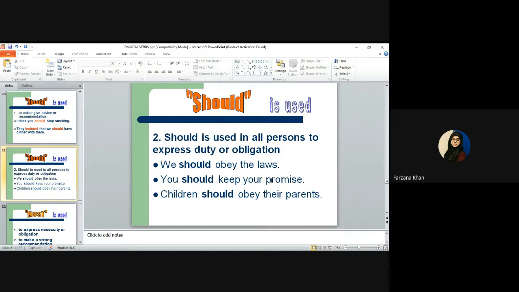So you should keep your promise. You should obey your parents. Children should obey their parents. You should also give respect to the teacher. So what are these? These are basically obligations, or in other sense you can also call these advice. Well, I hope the use of should is pretty clear to all of you.